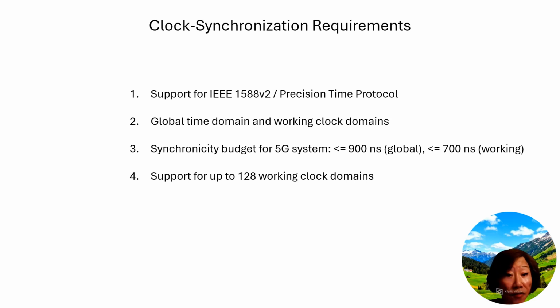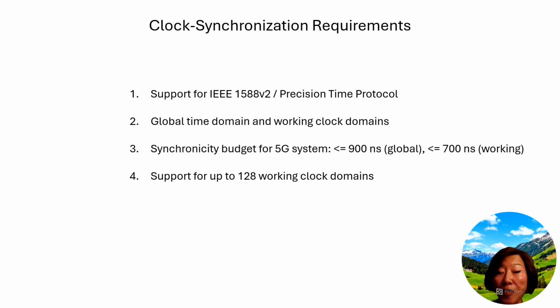This might involve techniques like two-way time transfer, where timing packets are sent in both directions to cancel out asymmetric delays. The system also uses advanced filtering and smoothing algorithms to reduce the impact of jitter and wander in the network. Wander, like wandering around, packets wandering around.